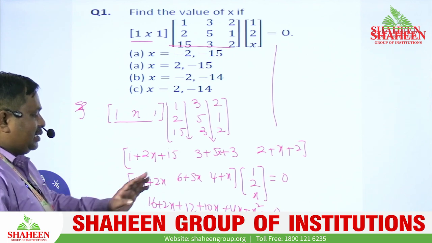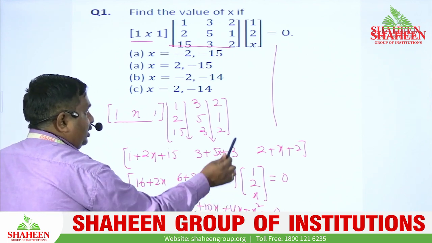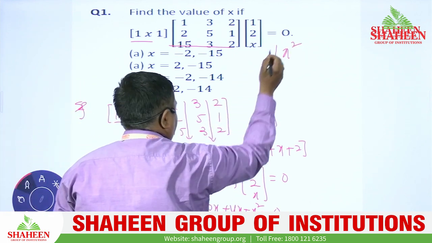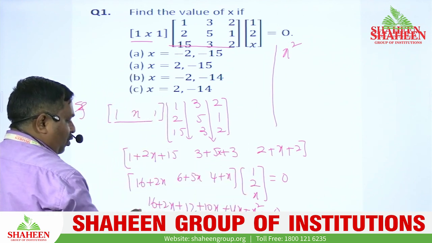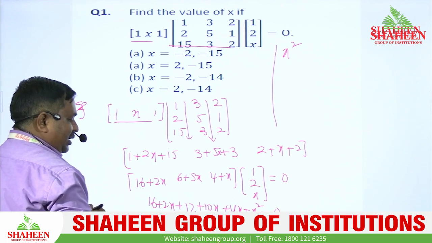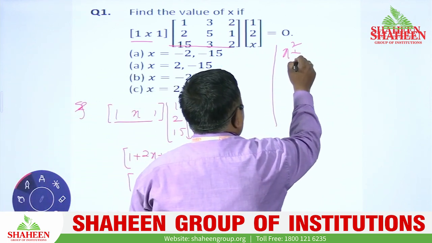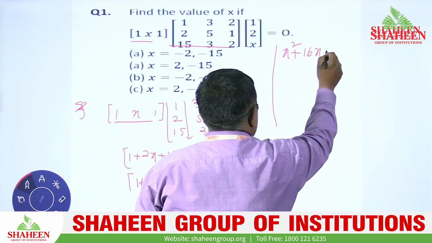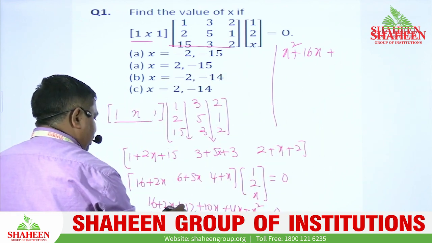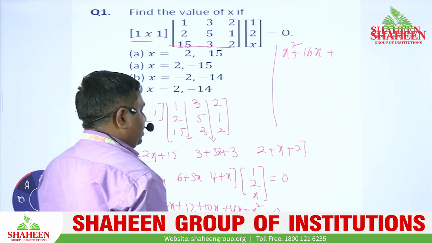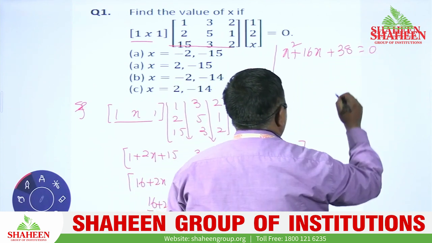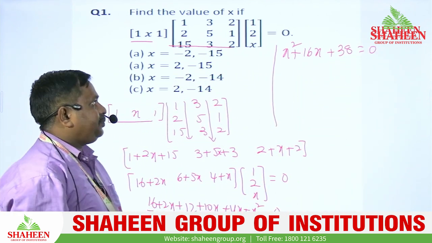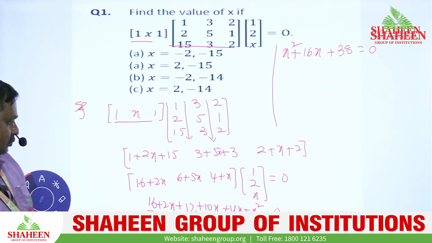Let us write it in standard form. The first term is x square. Next term 4x, 10x, 14x. 14x plus 2x is 16x, plus 16 plus 12 is 38, equals 0. 38?